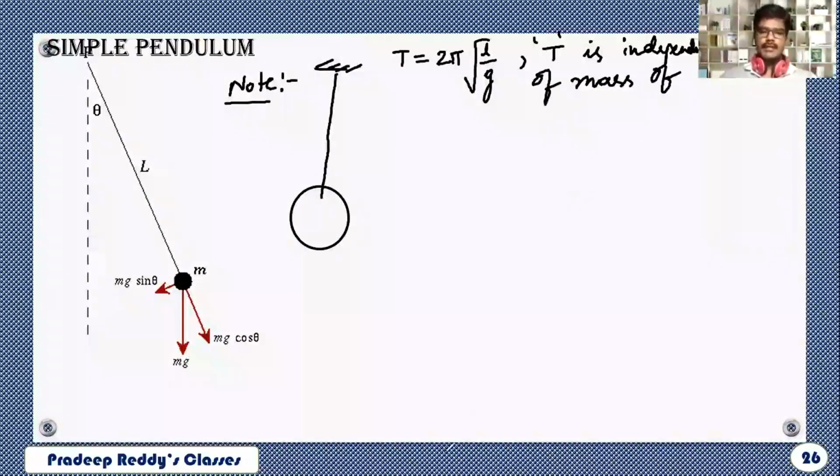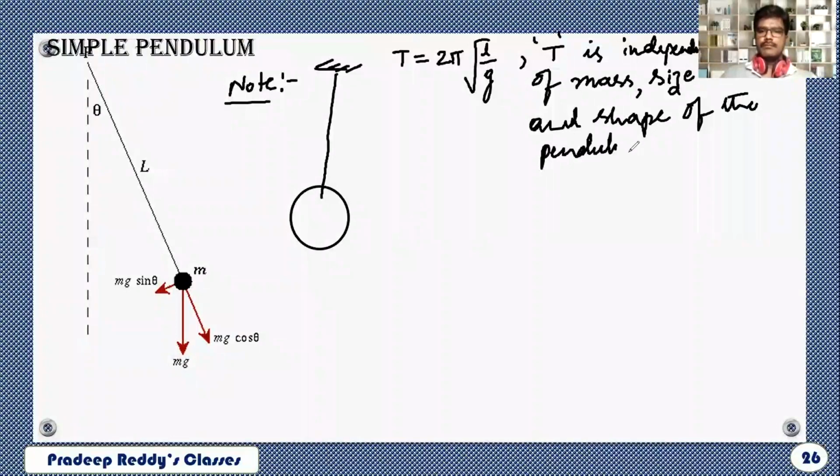Time period is independent of mass, size and shape of the pendulum. So therefore, you can take pendulums of different shapes. You can take a pendulum of sphere. This is sphere.